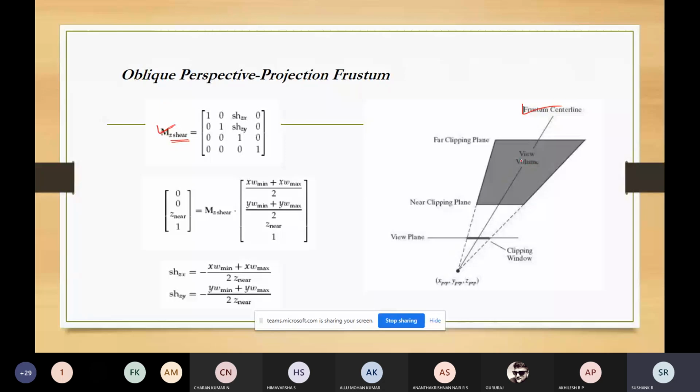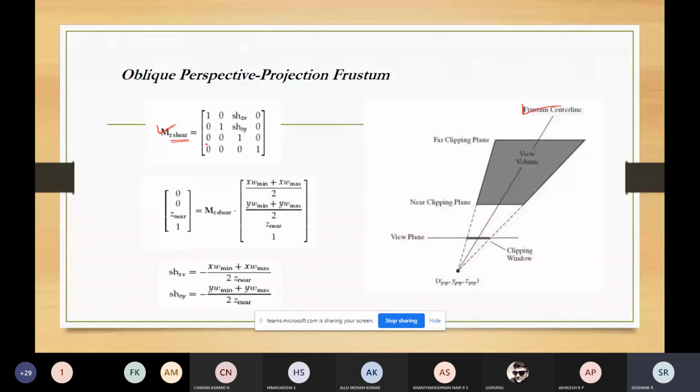Why are we shifting this to the center? Because for the symmetric one, the center line will pass through the center of the clipping window, so that the line will become perpendicular to the view volume. For all these things, this computation is being done.